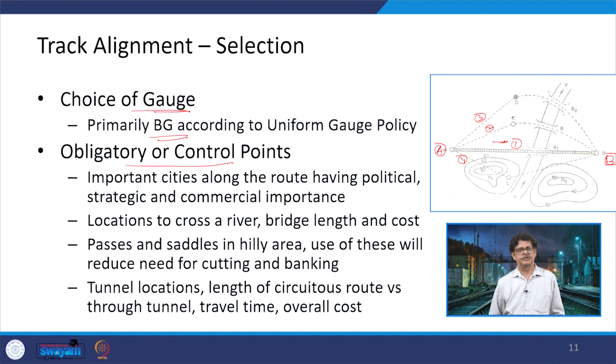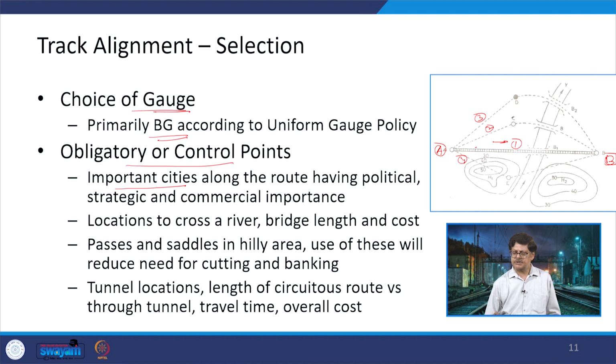Obligatory and control points. When we talk about these, one point is the important cities along the route, which may have a political, strategic or commercial importance. We discussed all of these in the case of purposes. So, any such important city which falls on the alignment or near it, let us connect that.